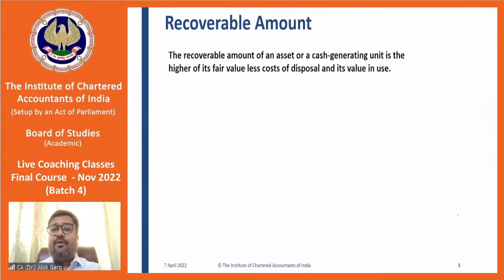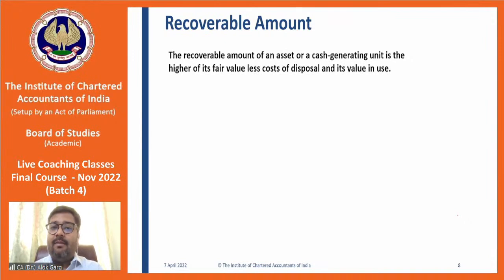So guys, please remember, whenever we are learning this standard, we are talking about two aspects. One, impairment of an asset, and we are also talking about impairment of a group of assets. Clear? For the time being, this group of assets is nothing but a cash generating unit.